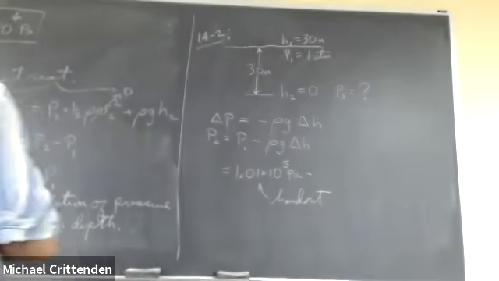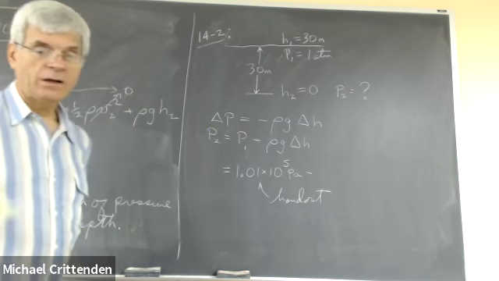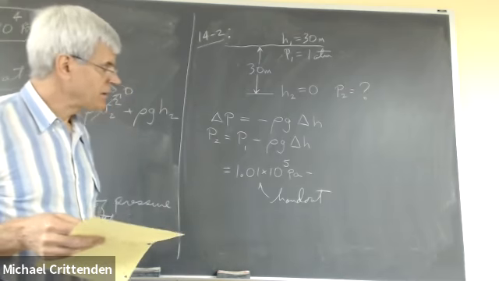Since the question doesn't say anything to the contrary, I'm going to assume standard atmospheric pressure, which I can look up in the formula sheet. And if anybody can't figure out where, send me an email or something.